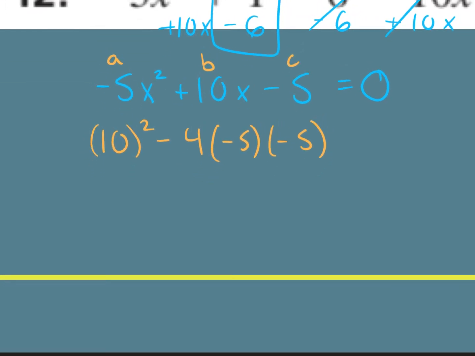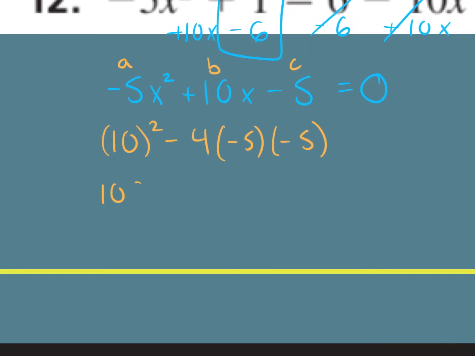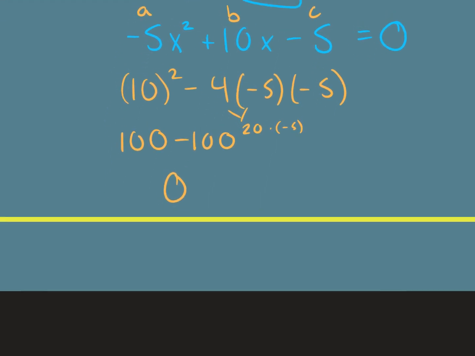So what's 10 squared? 100. And then I have negative 4 times negative 5, which would be positive 20. And what's 20 times negative 5? Negative 100. And 100 minus 100? 0. So when my discriminant is 0, what does that tell me about the number and type of solutions I have? One real solution.